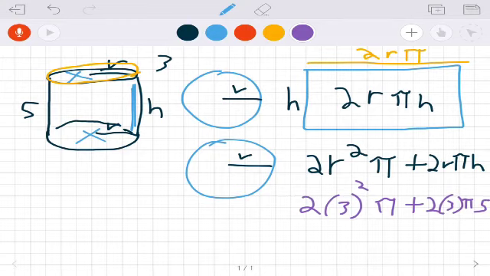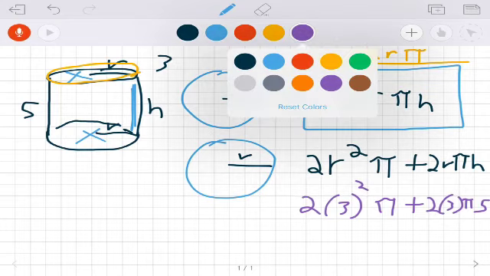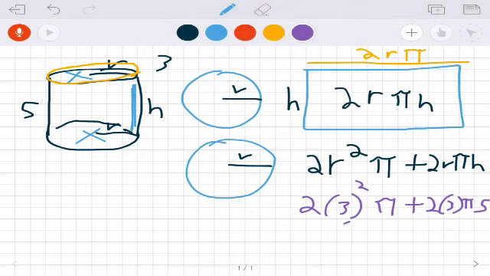Okay? So what do we do first? We do our exponents first. 3 squared is 9. So we have 9 times 2 times pi plus, this is 6 times pi times 5. Simplify this down.